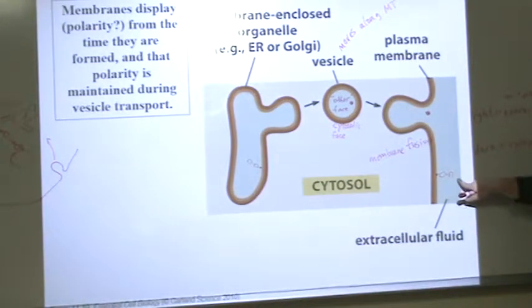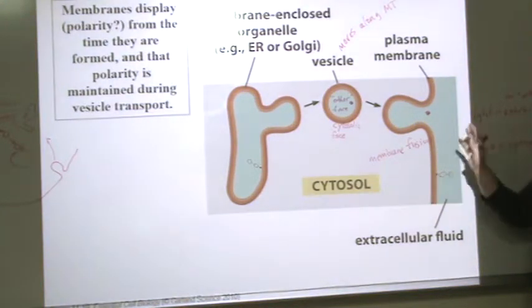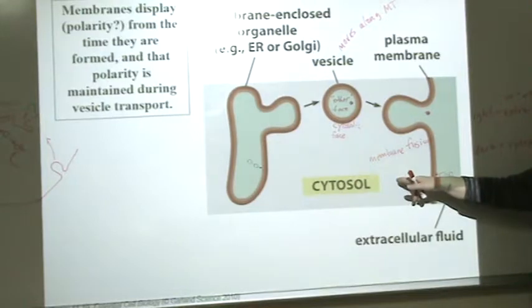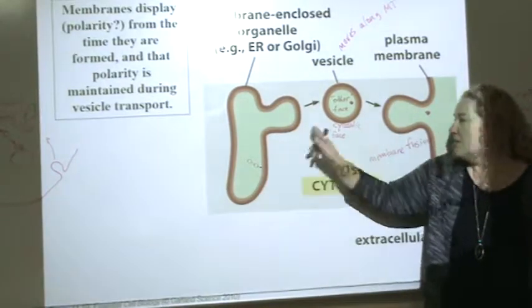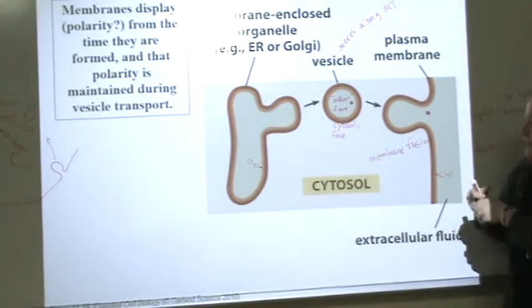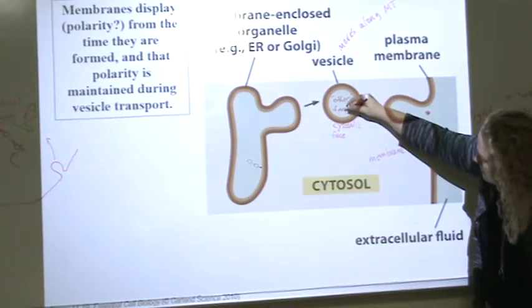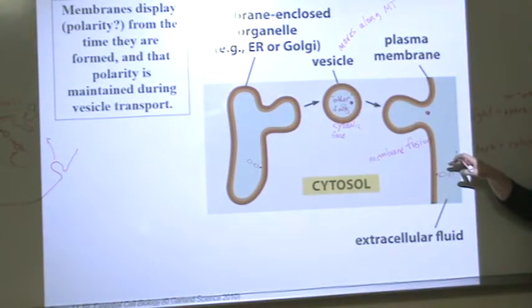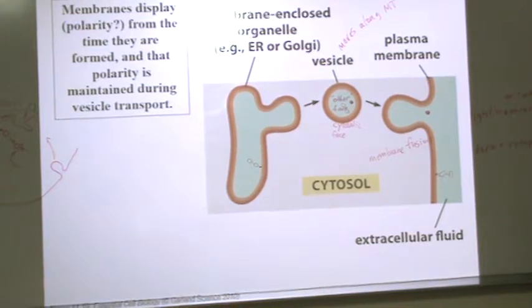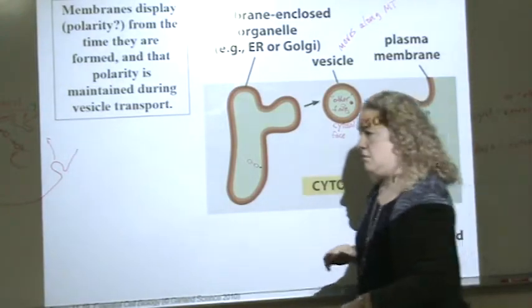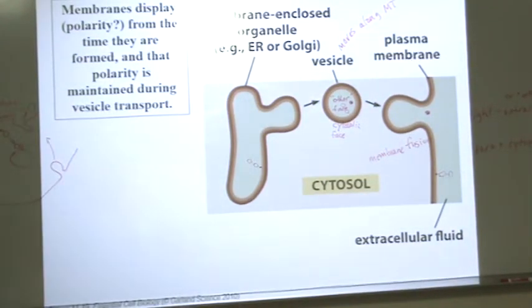At no point do these ever see the cytosol. They're either interior to the ER or interior to the vesicle. Draw it here too. They stick out here. I think this is a good time for a break.